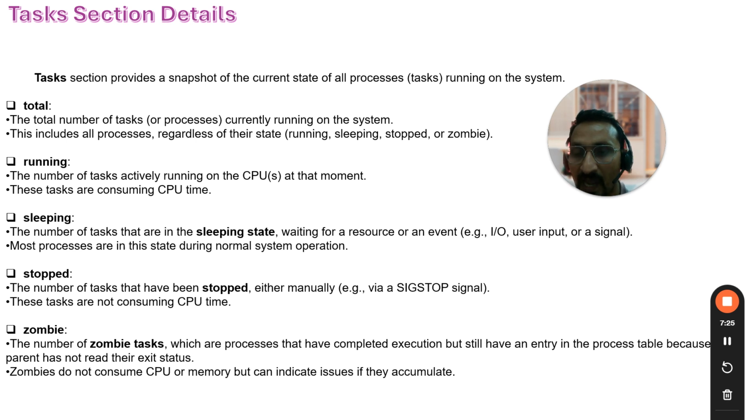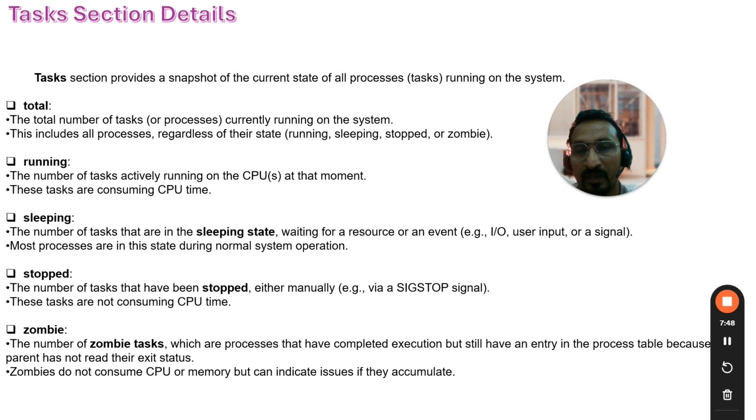Running means just the running processes, the ones actually taking CPU time. Sleeping processes are not currently executing, but are waiting for some resource. The waiting could be for IO, user input, or a signal from some other process.